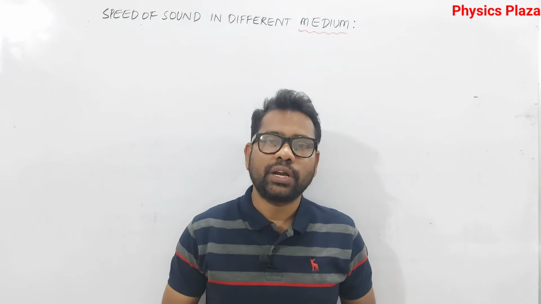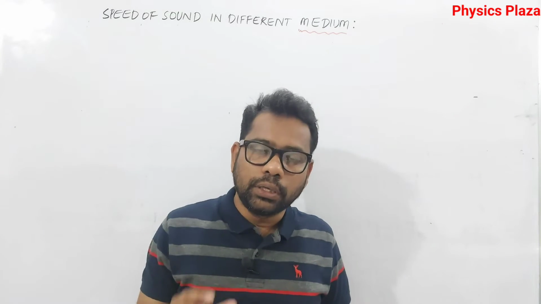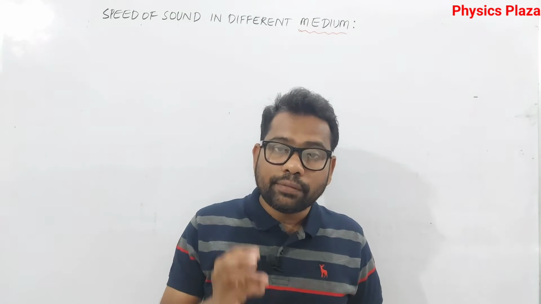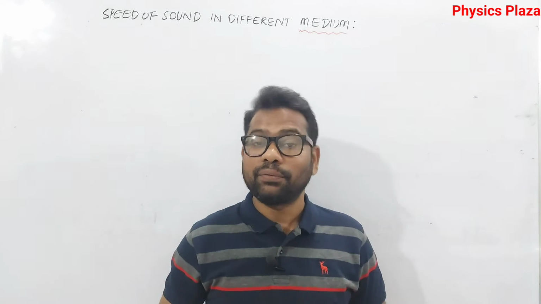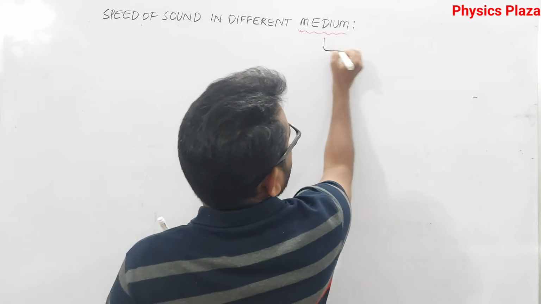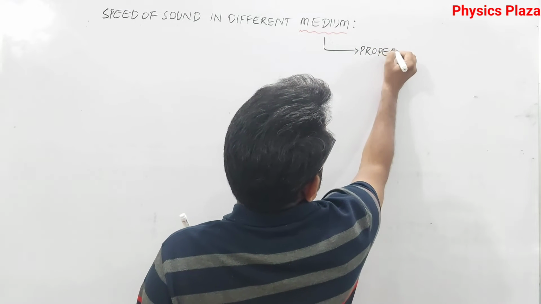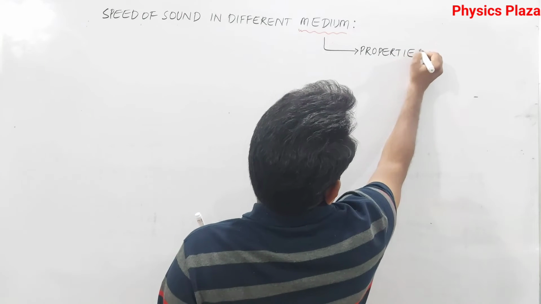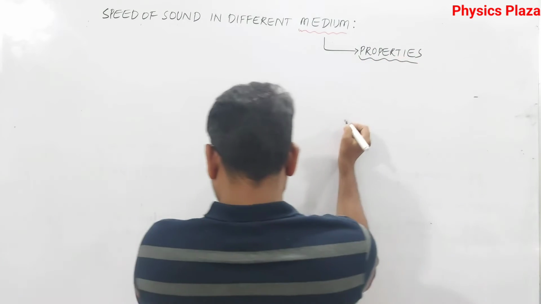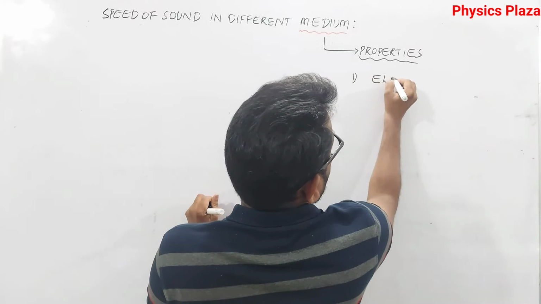So the medium through which it is traveling should have three important properties, children. Just note this down. The properties of the medium. So first, children, the medium should be elastic in nature.